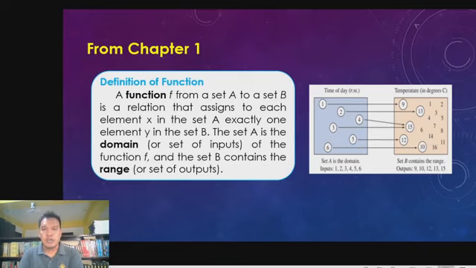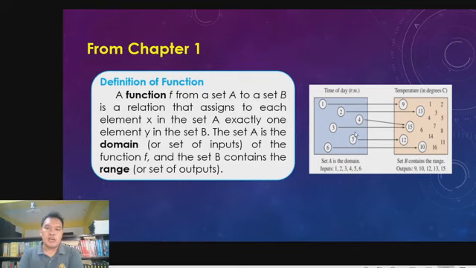For example, we have an algebraic expression where we assume a value of x. That is the domain or the set of inputs. So we assume that the value of x is this or that. Then it yields a specific value, which is the range. Or when we apply our domain to our expression, it gives an equivalent value, which is in set B.